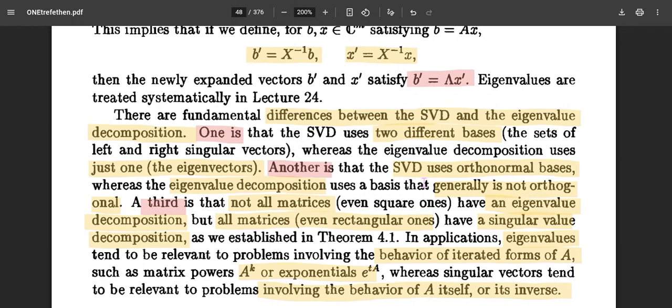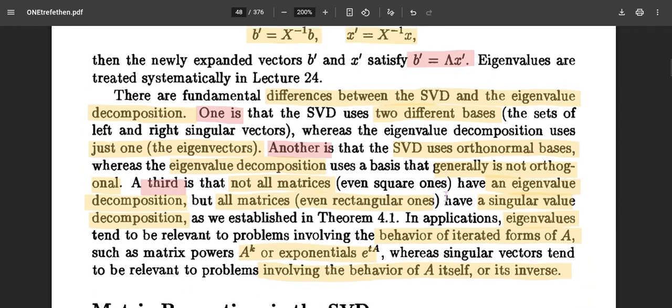Third, and a very important property, is that every matrix can be diagonalized based on the SVD. The reason is that every matrix has an SVD, but not all matrices, even square ones, have an eigenvalue decomposition.